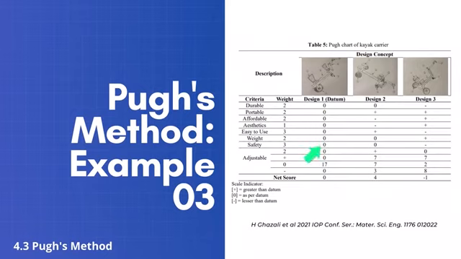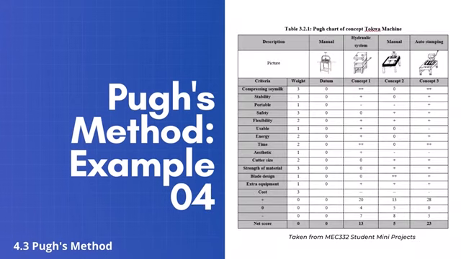And basically the evaluation is the same as the previous example. For example number 4, as you can see, there is a datum, and then there are concepts 1, 2 and 3, and then there are the criteria that we want to compare.